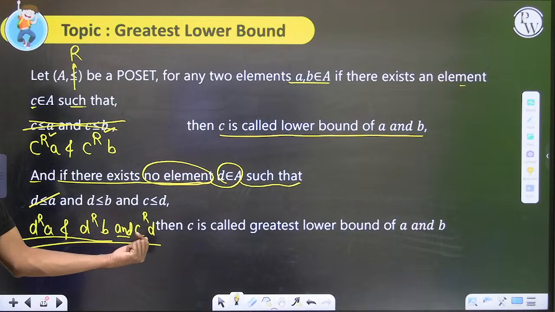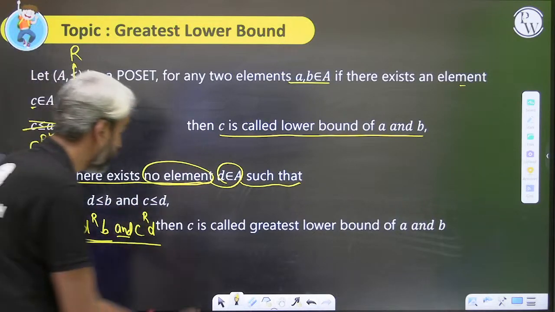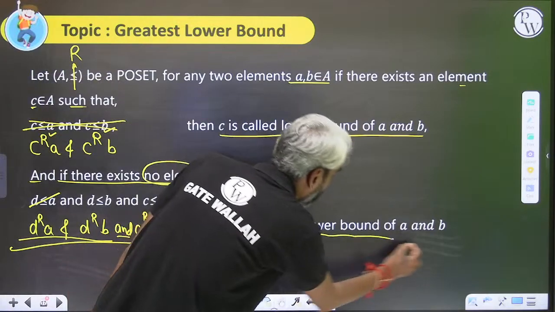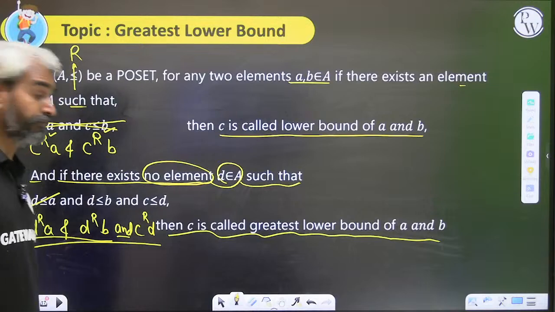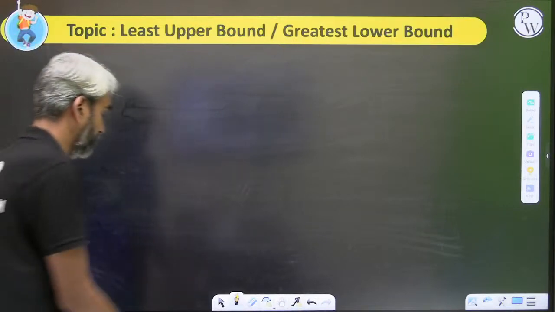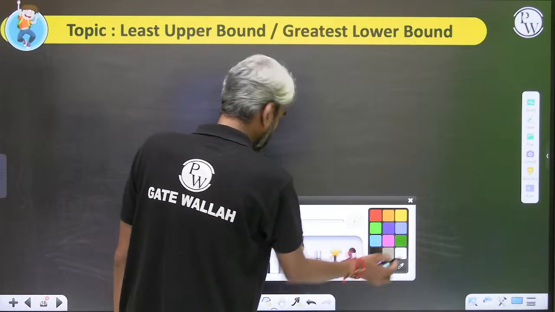That means c is the greatest of all the lower bounds. Then c is called the greatest lower bound of a and b. Anyway, I'll just give you an example. You will understand that.